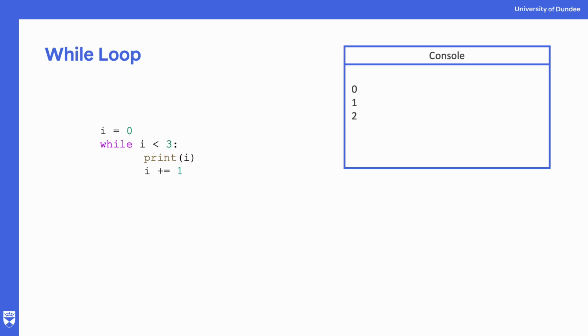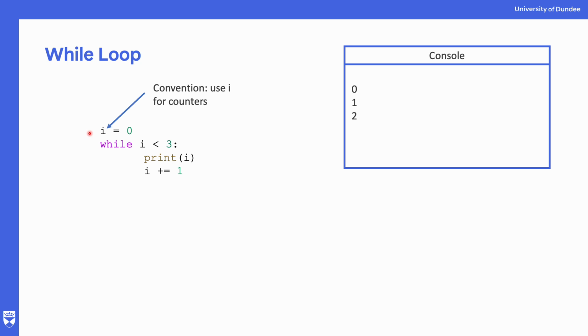So let's start with while loops. In this code, I set an initial variable to 0, and it's convention that you would use i for counters, things that count or auto increment. It means your program will be understood by other people.